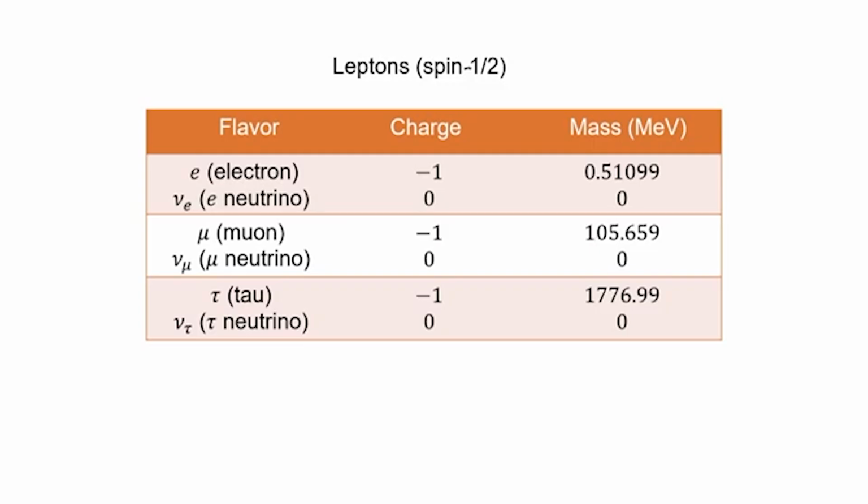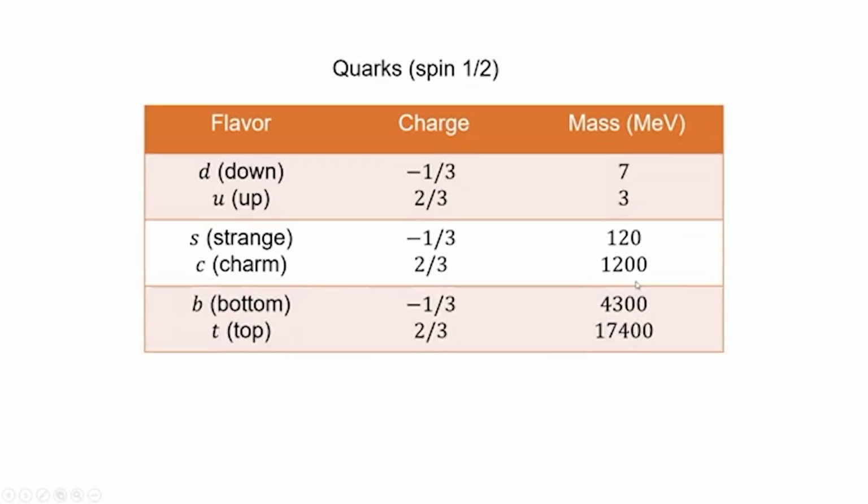Electron is of course the lightest, and then you have muons and mu neutrinos. The neutrino has no mass, so the mass is 0, and muon has a mass which is 105 MeV. Tau is really heavy, which is 1777 MeV nearly. So, these are quarks with spin half.